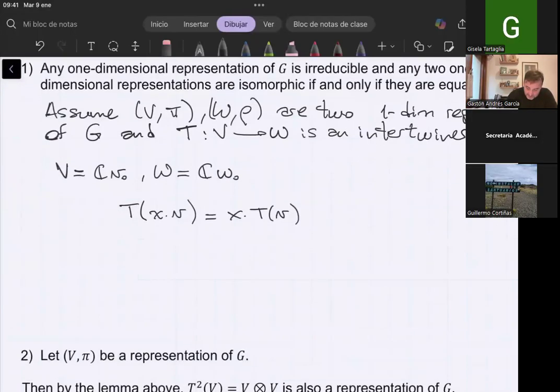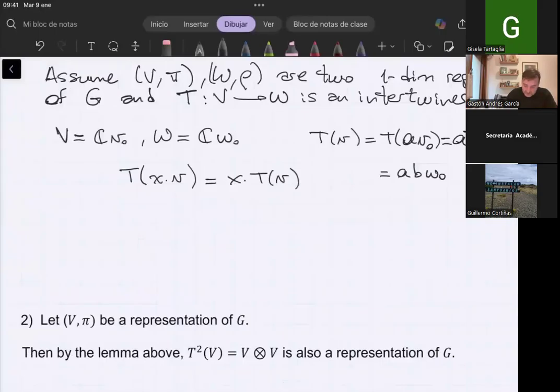But T of v is a multiple, say a times V0, and this is linear, so this is a times T of V0, and T of V0 is a multiple of the other generator, so let's call it b times W0.